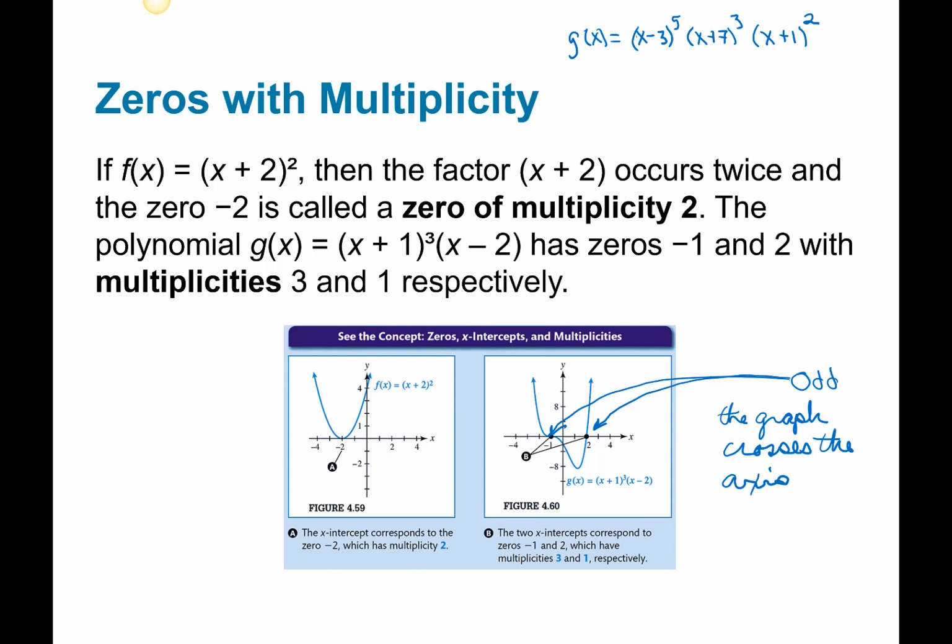If it's an odd power, it crosses. If it's an even power, it'll come up to it, but it won't cross it.